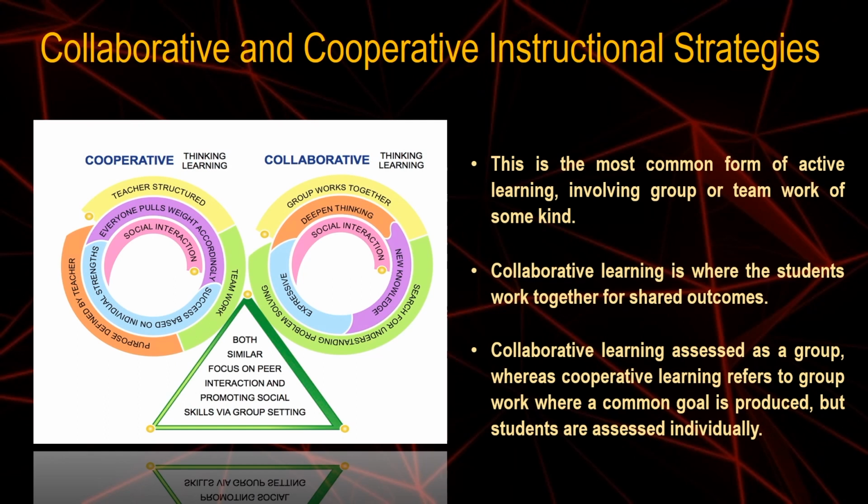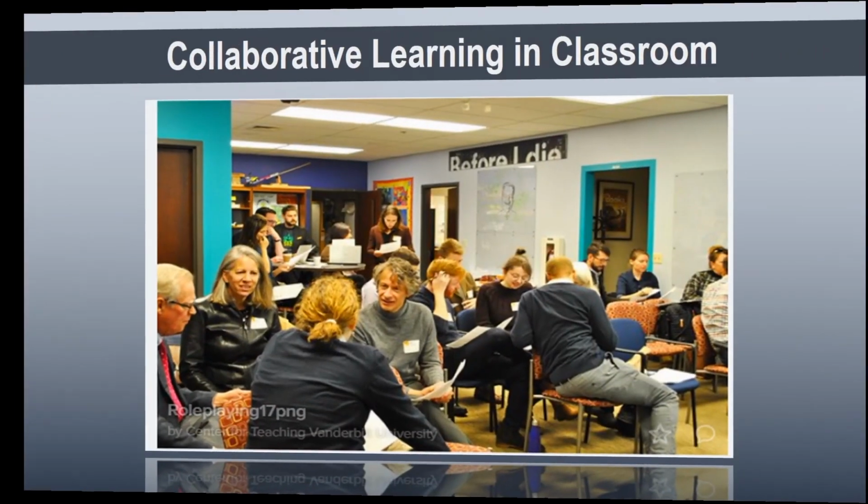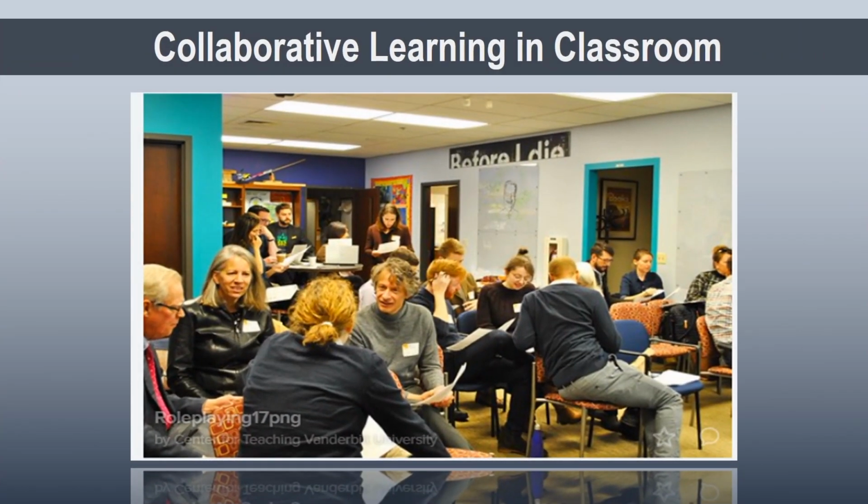Whereas in collaborative learning, the group works together, deepening thinking and social interactions, where the students share their experiences and difficulties while solving the problem. This is an example of collaborative learning in a classroom, where the students discuss with each other and try to come up with a solution for a problem given by the teacher.